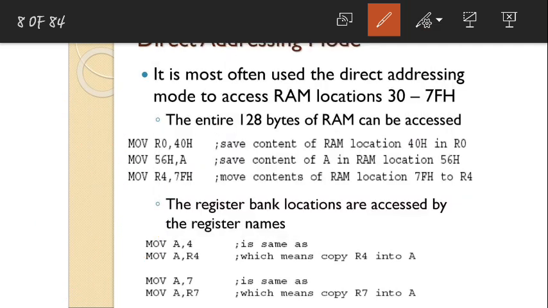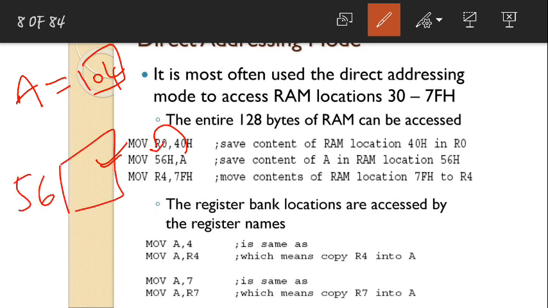Now next we have MOV 56H, A. Here what I am trying to do is, whatever is there inside the A register, let's take 04H. So now inside A you have the value 04H. After this line is executed, I am moving A to 56H. So into the 56H RAM location of internal RAM, I am moving this 04 value.